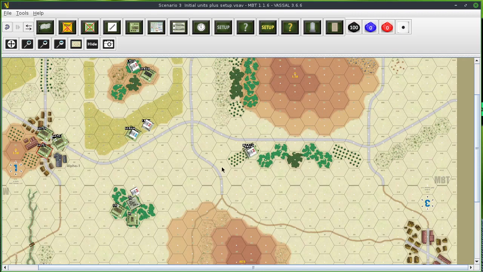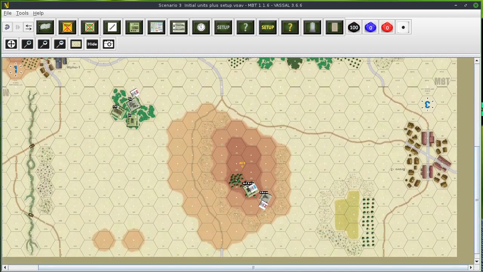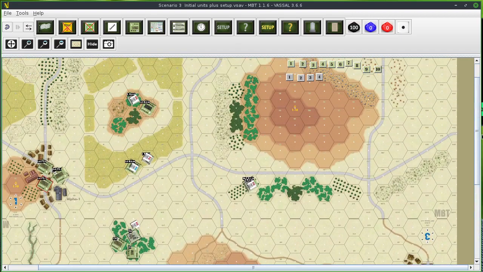Then the problem becomes my headquarters unit becomes vulnerable. So that's one big consideration. So I think that's going to be it, in this area right here.